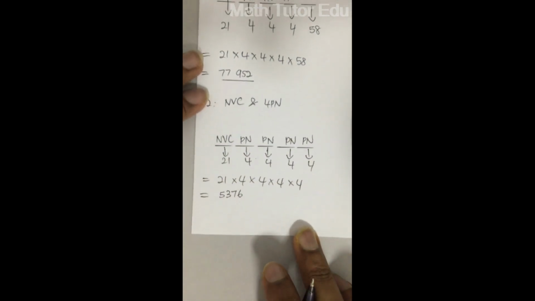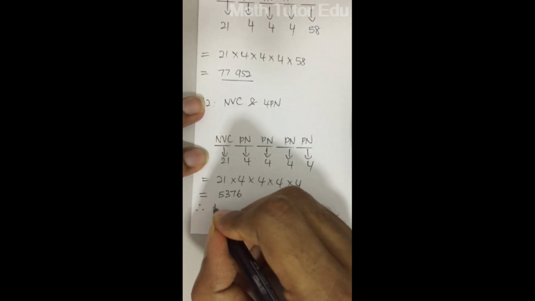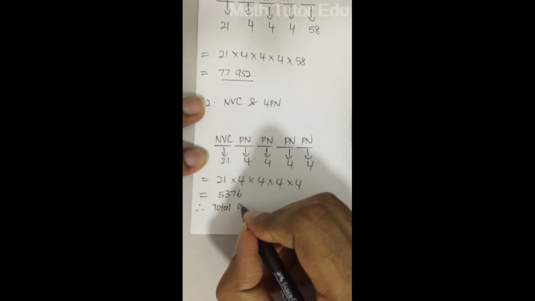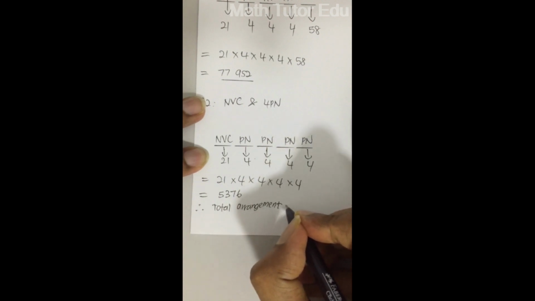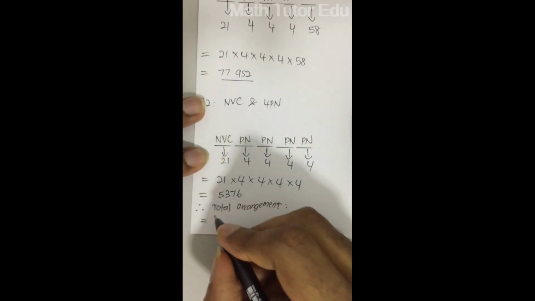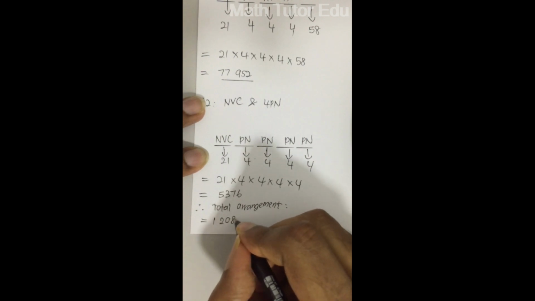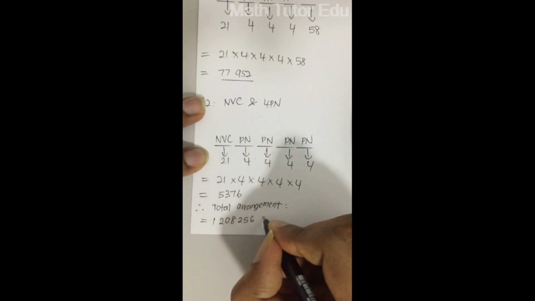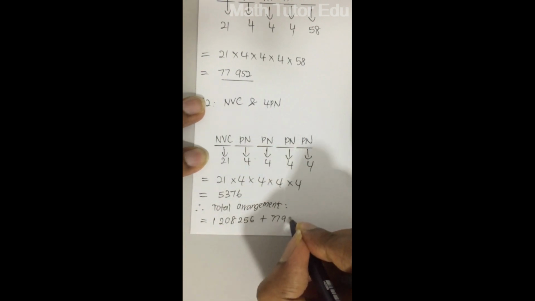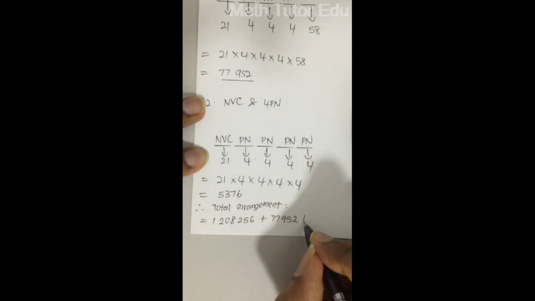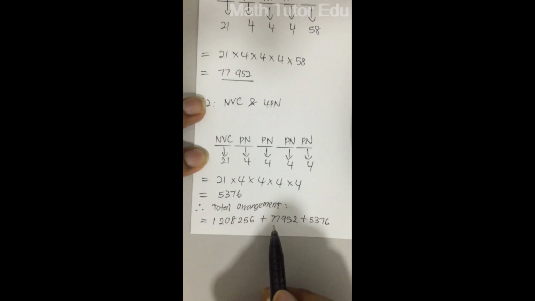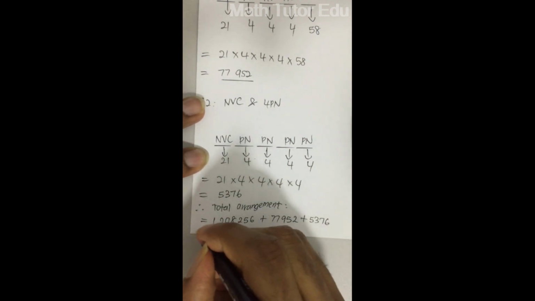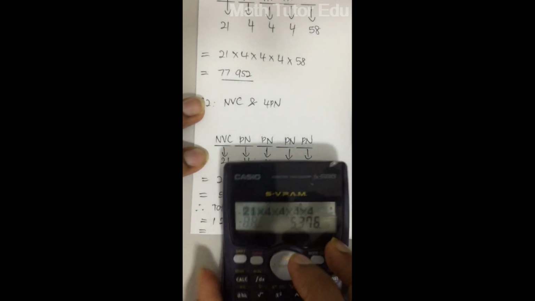Okay, so the total arrangement will be equal to 1,208,256 plus 77,952 plus 5,376, which means case 1 plus case 2 plus case 3, all of them.